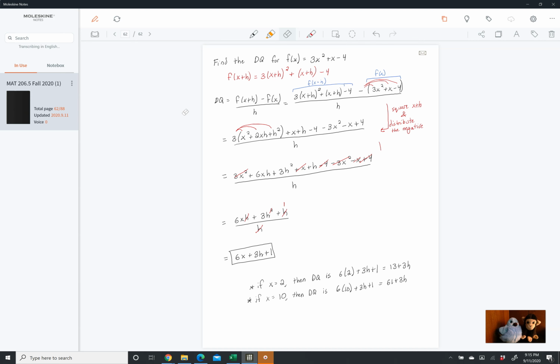Okay. From here to here, we distribute the 3, which means that we got rid of the remaining parentheses. From here to here, we combined like terms, which means canceling.